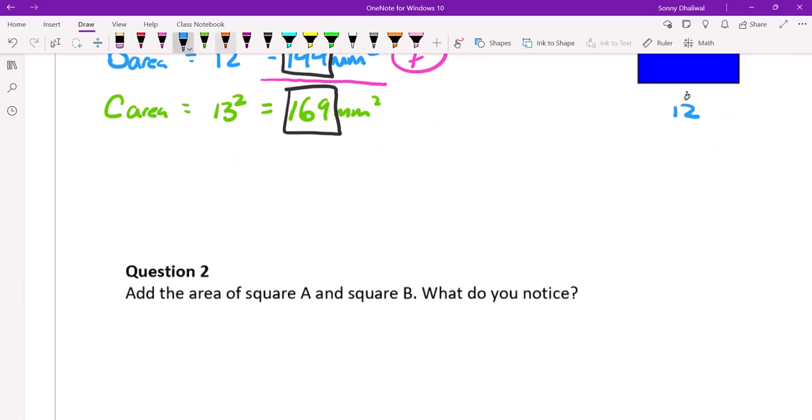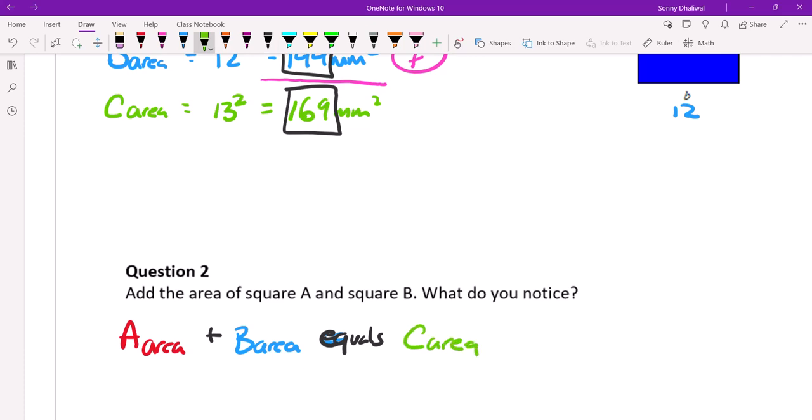The area of A plus the B area equals the C area. Does that make sense?